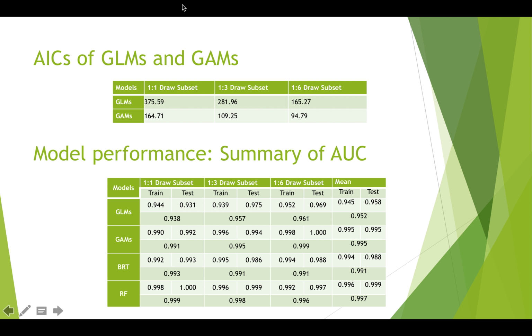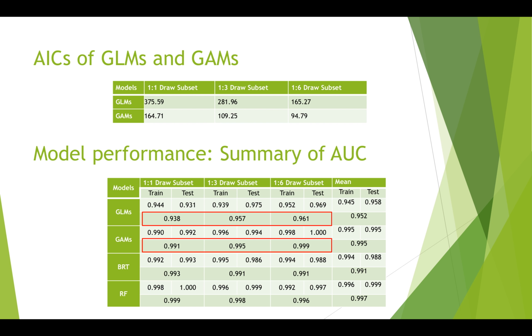Here we can see the first table shows the AIC of the GLM and GAM, and for both, the AIC decreases when the number of pseudo-absence increases. The second table shows the summary of the AUC.